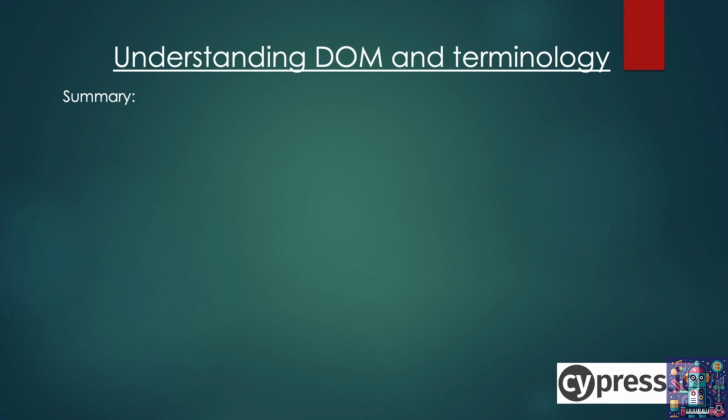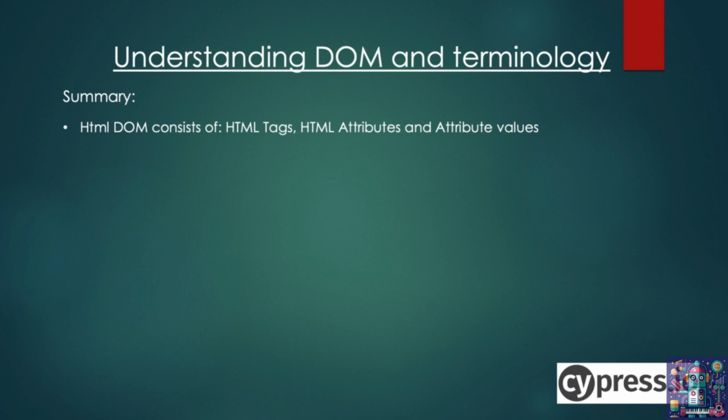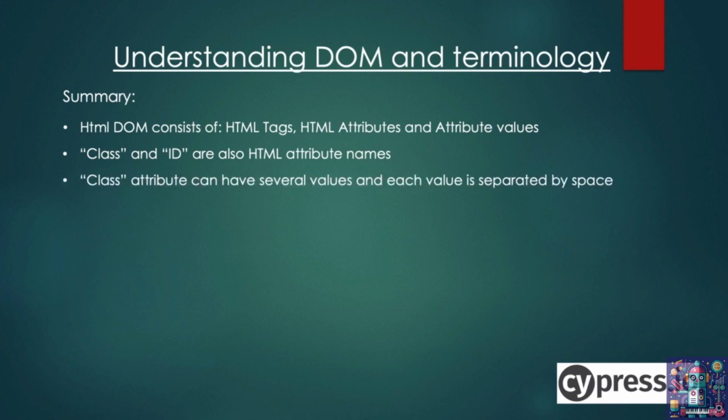And let's make a quick summary of what we just discussed in this lesson. HTML DOM consists of HTML tags, HTML attributes, and attribute values. Class and ID are also HTML attribute names, despite having a special role in the HTML structure. The class attribute can have several values, and each value is separated by a space.